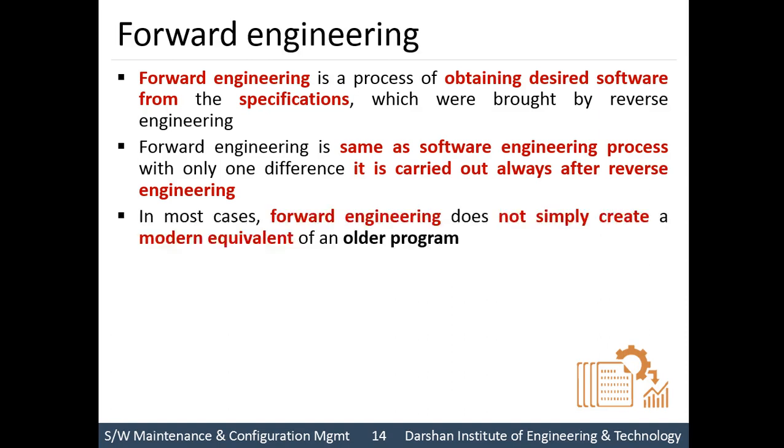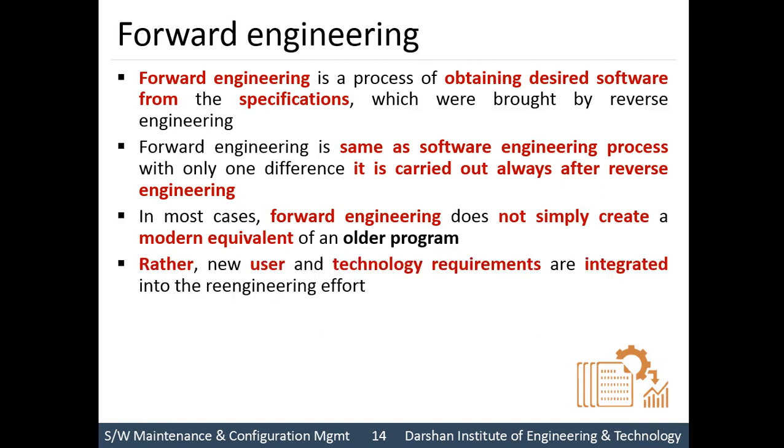In most cases, forward engineering does not simply create a modern equivalent of the older version. Here the main aim of forward engineering is not to create just a new version of the older program, but rather new user requirements and new technological requirements are integrated into the re-engineering effort while doing the forward engineering process.